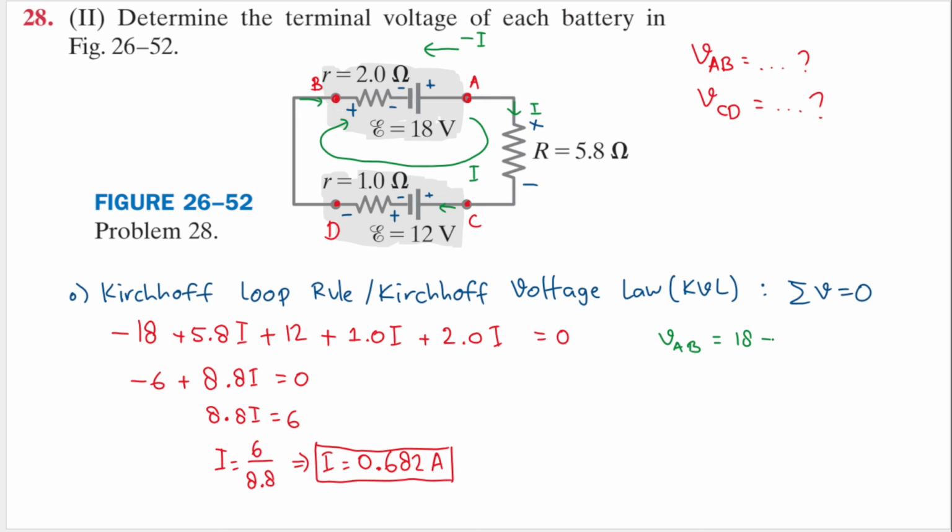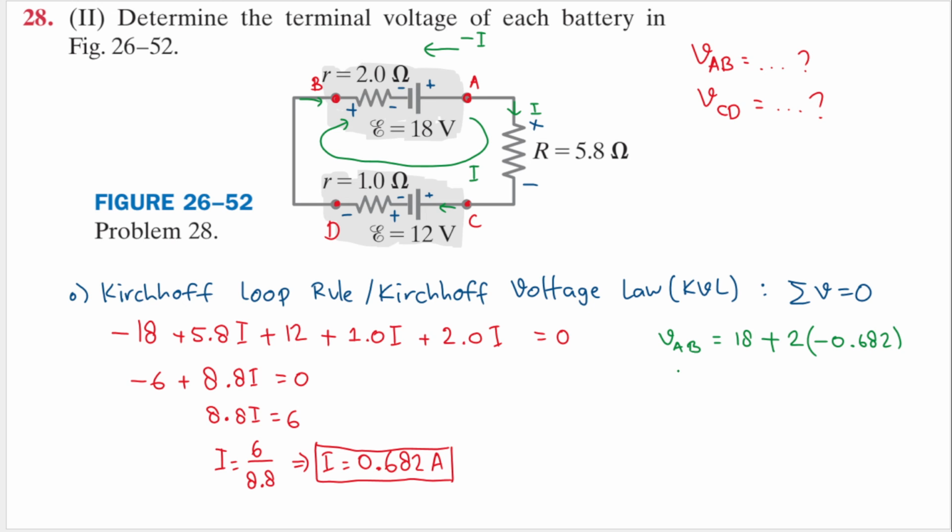And then minus. Why minus? Because for the resistance here, I will have a minus sign from here, right? And so I will have 2 ohm. However, when we are dealing with minus I, this will be plus. So I will have plus 2 multiplied by minus 0.682.